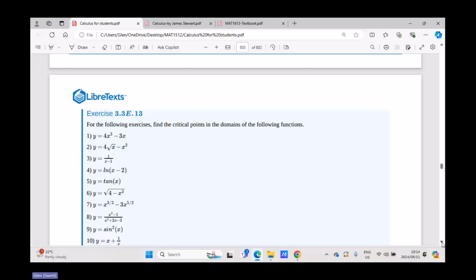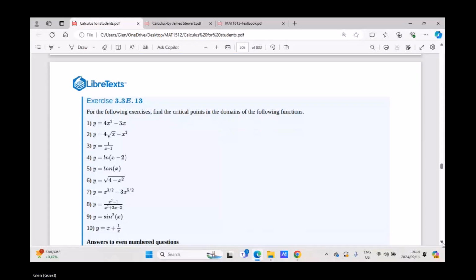Please find the critical points for number 10, so that we can move on to the next set of exercises. Can you scroll a bit upwards? Yes. I couldn't see it.